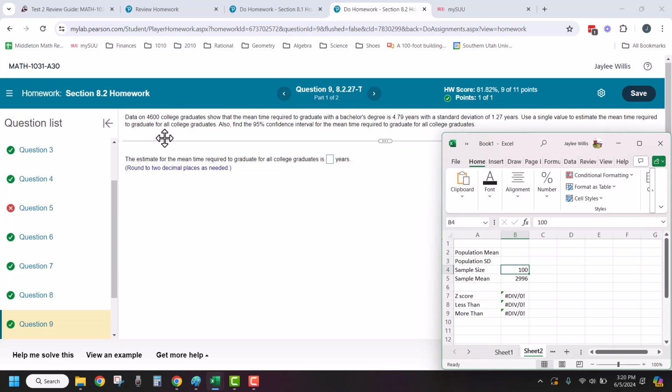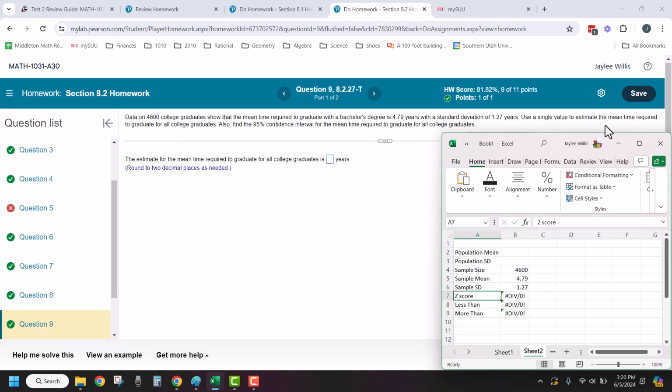But it is reasonable to take a sample of 4,600 people and find the mean of that particular sample. So that's what 4.79 is. And then we'll put in the sample standard deviation, which is 1.27 years.